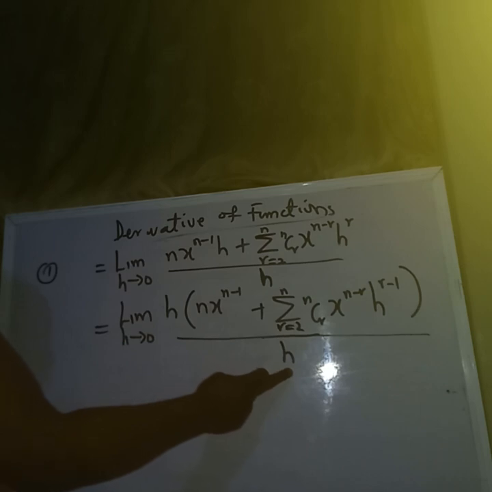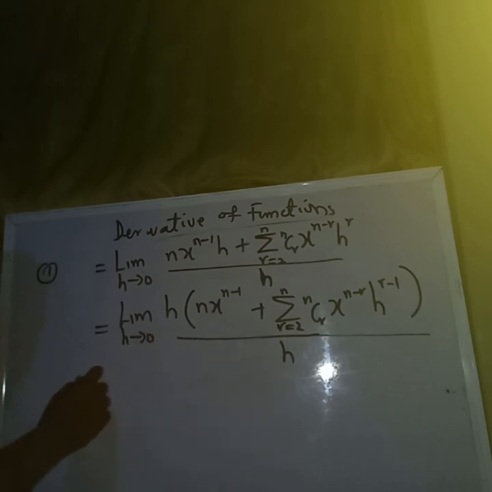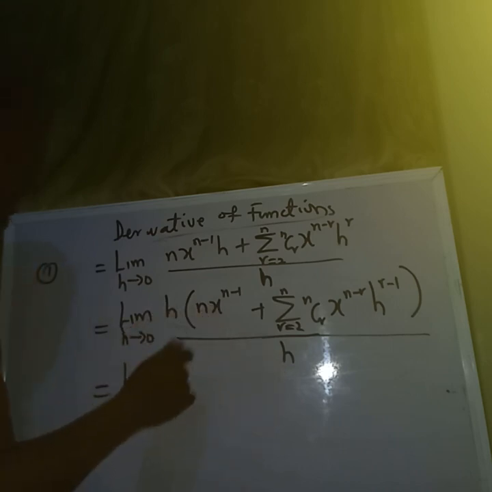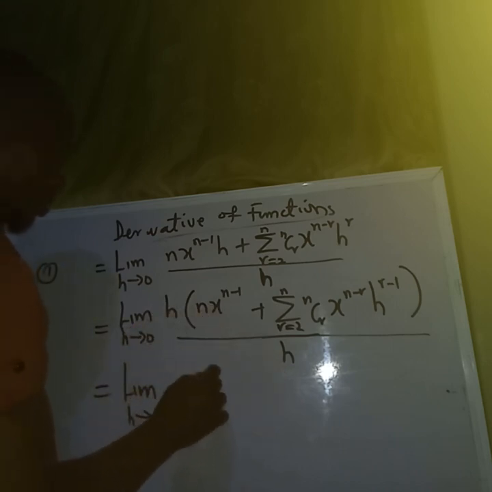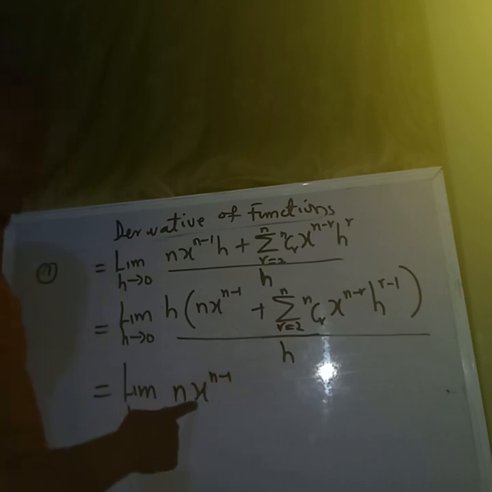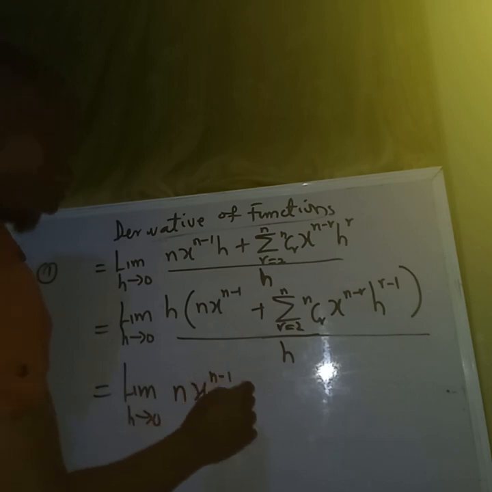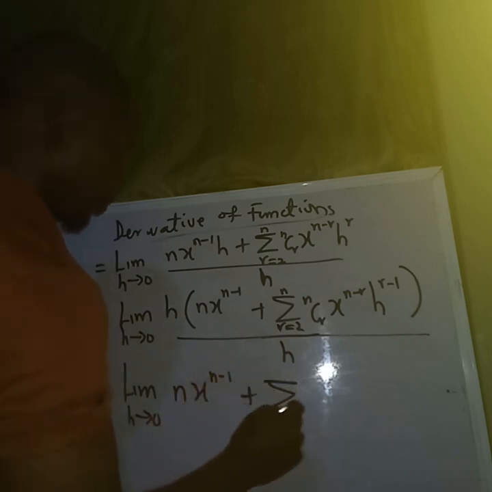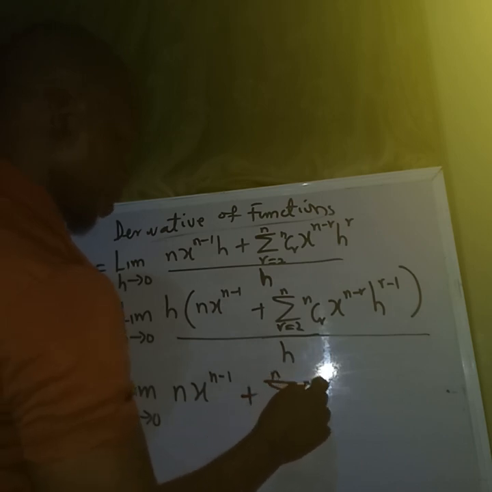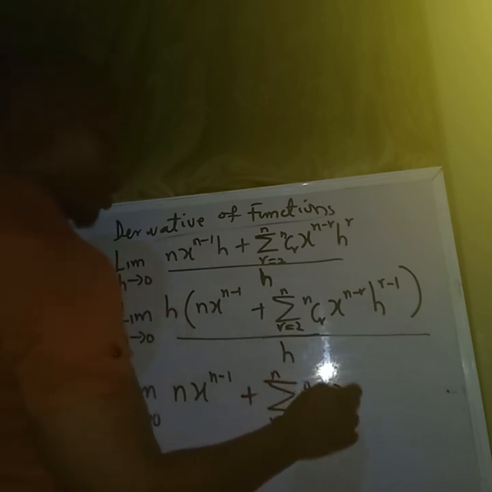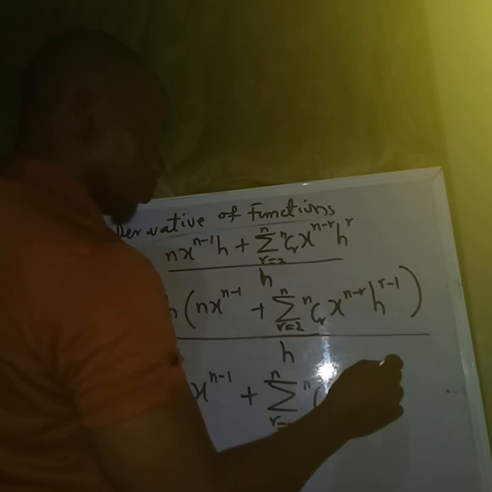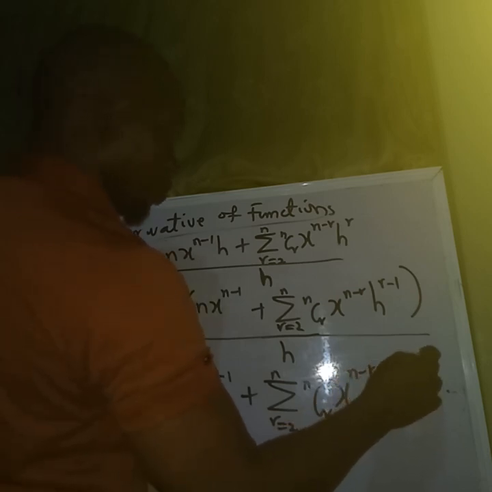So here again, this h will cancel this h, and this will be equal to the limit as h tends to 0. h cancels h, meaning we have n x raised to the power of n minus 1 plus the summation r equal to 2 to n, n combination r, x raised to the power of n minus r, h raised to the power of r minus 1.